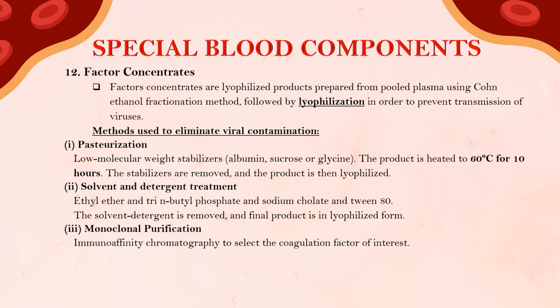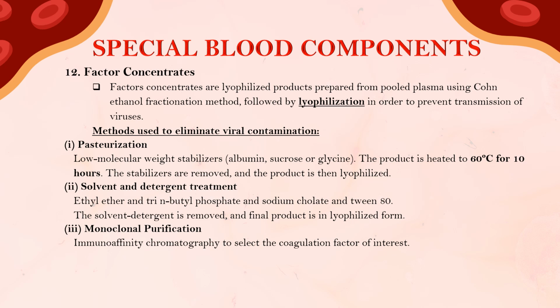Number one, pasteurization, and it involves addition of low molecular weight stabilizers such as albumin, sucrose, or glycine. These stabilizers are added in order to prevent denaturation of the desired components, since this is pasteurization, class, which means heating is involved. So the product is heated at 60 degrees centigrade for 10 hours straight. The stabilizers are removed afterwards and the product is then lyophilized.